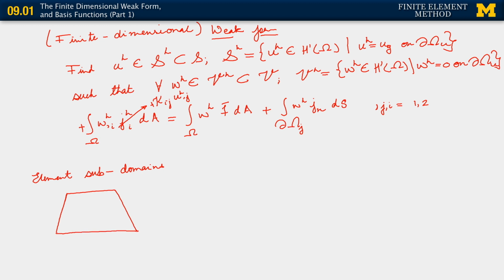Okay, and just to fix ideas, let's suppose that we're working with bilinear quads. All right, so this would be omega E, right? We would have A equals 1, 2, 3, 4, which we know would be constructed from a mapping from a bi-unit domain, and we studied this process.